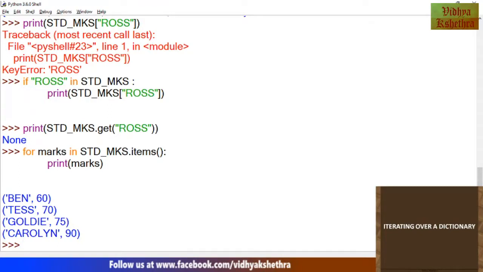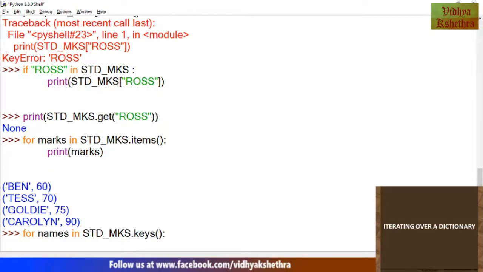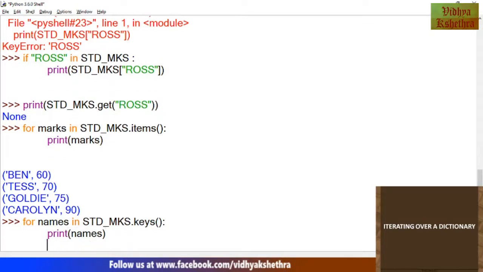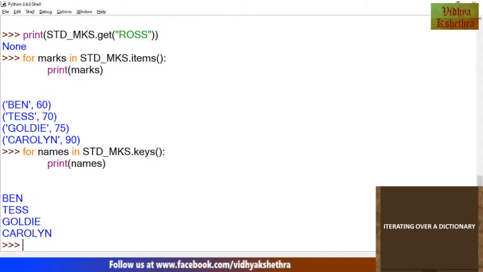Here I am iterating through the items using the for loop. Similarly, I can also iterate through the keys, and only the names are printed out, which are the keys.